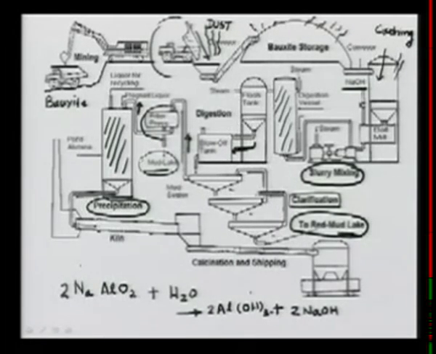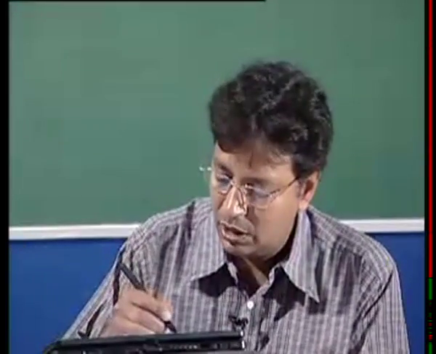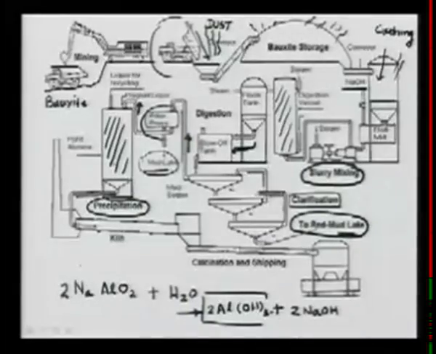Okay, so what we are really doing is we are trying to precipitate this thing out. We started with sodium aluminate and we precipitate the aluminum hydroxide, and aluminum hydroxide forms very gelatinous flocks that we can make settle again. So what we are doing here is making the aluminum hydroxide settle.